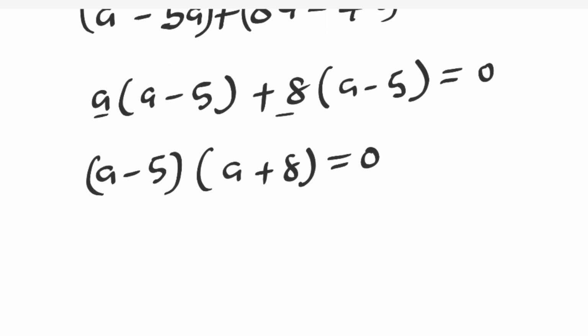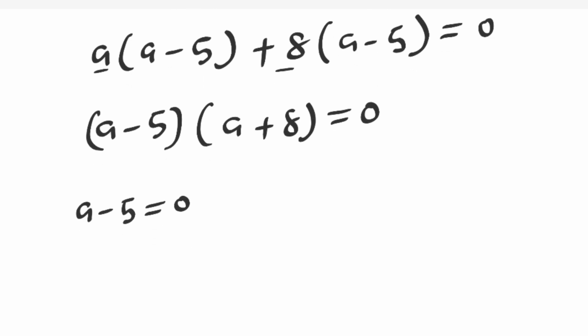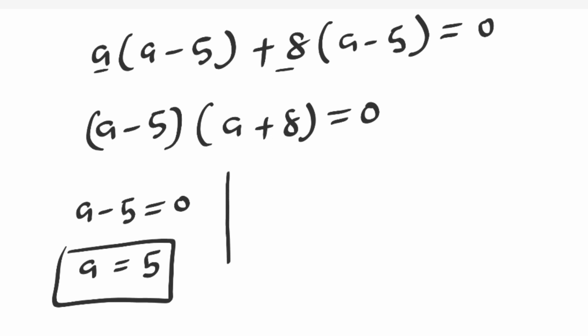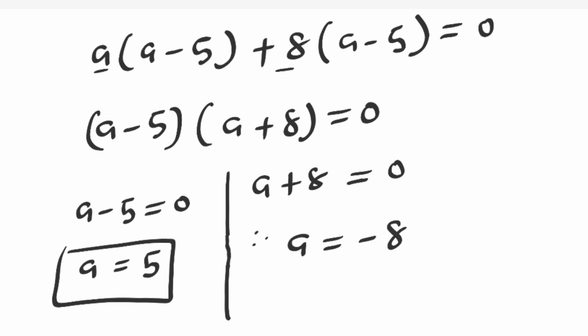There are two cases here. The first case is a minus 5 is equal to 0. A is equal to 5. This is the first value of a. Or a plus 8 is equal to 0. Therefore, a is equal to minus 8.